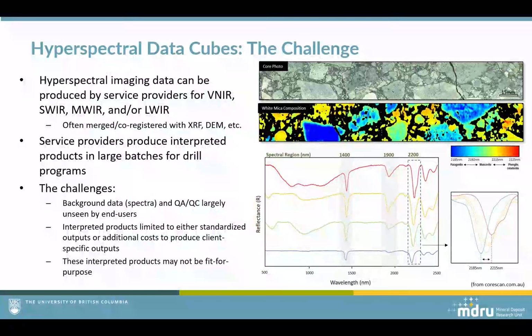The service providers generally produce outputs in large batches for drill programs. This is why there are challenges in dealing with this data, because most companies are dealing with large quantities of data. Challenges include the background data, or all the spectra that are populated from this type of analysis, and the QA/QC associated with collecting that data is largely unseen by us as end users.